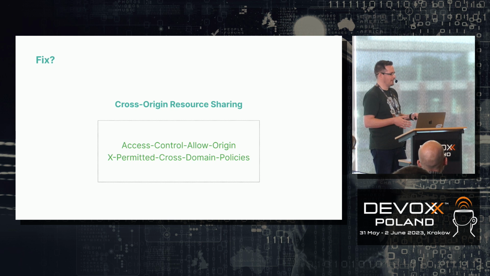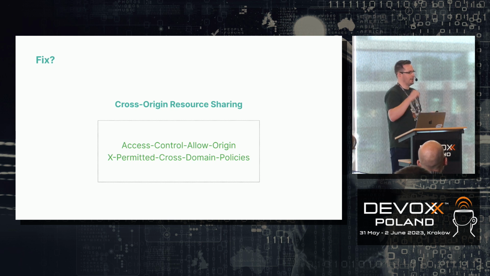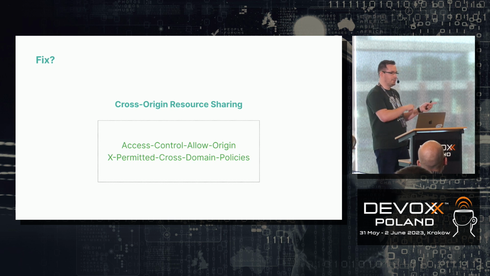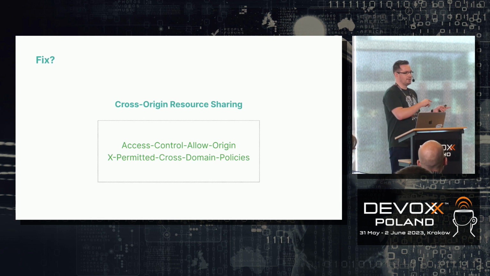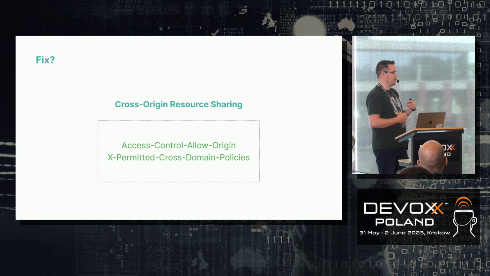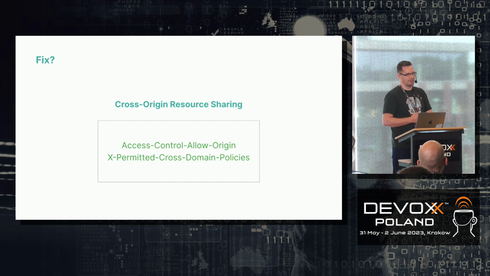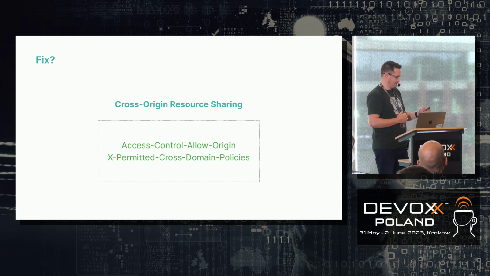Now the assumption is that if you don't have this header, only the same origin can read resources. So that's the big change. And this is why a lot of those corporate systems ask you to actually decrease the level of security, because they don't know how to configure CORS correctly. The additional headers that I have here are equivalents, of course, for your Java applets or Flash players. I'm not sure if anyone is using those, so I just added those for reference.